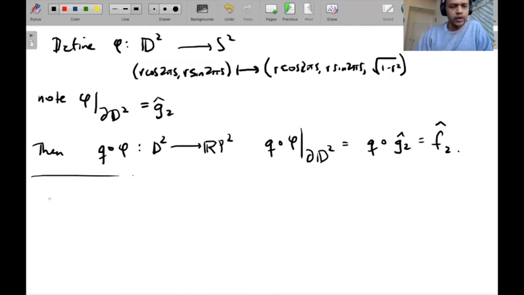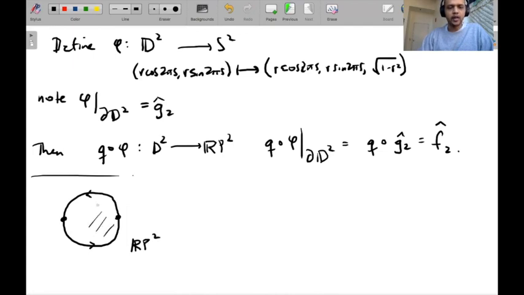Right, and the other thing I want to observe, well, okay, so let me just draw a picture to explain what I've explained so far. So I wanted to explain this as rigorously as possible, but now let's move towards a picture and understand how we can sort of see this intuitively. So here's RP2. It's what you get from the disk by identifying the boundary with these side identifications, as we've seen.